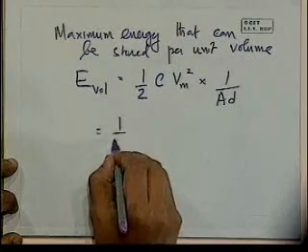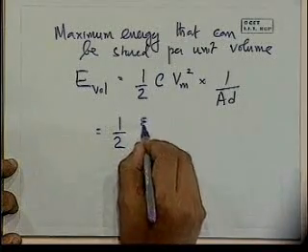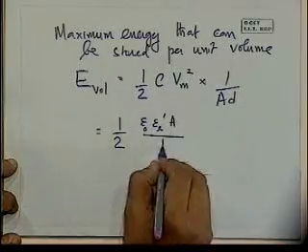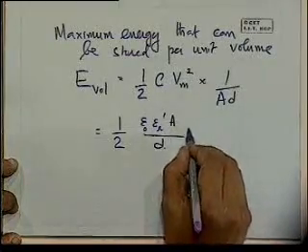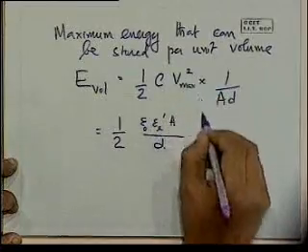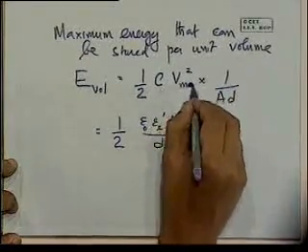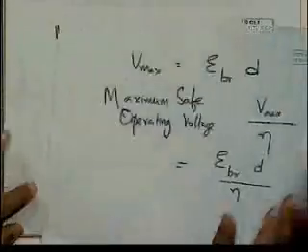So if we make substitutions here, we'll get half. For C, we are going to substitute epsilon r dash A by D. And then we are going to substitute for Vm. Sorry, Vm is the safe operating voltage, not the max. That is, this is Vm, not Vmax.